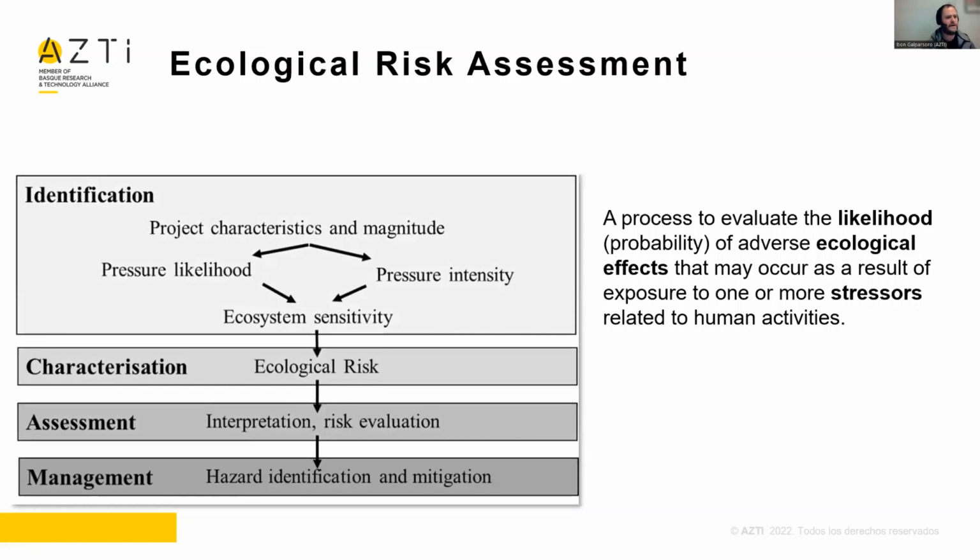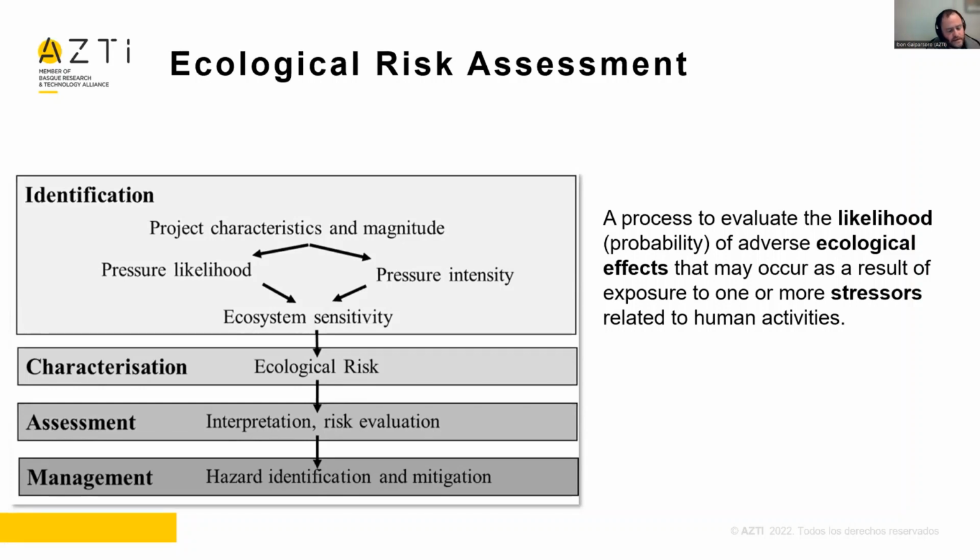The process is based on different phases or steps. The first one is the identification of the potential risks based on the project characteristics, the types of devices and the magnitude of the project, the likelihood of the production of pressures and their intensity, together with the ecosystem sensitivity to those pressures.